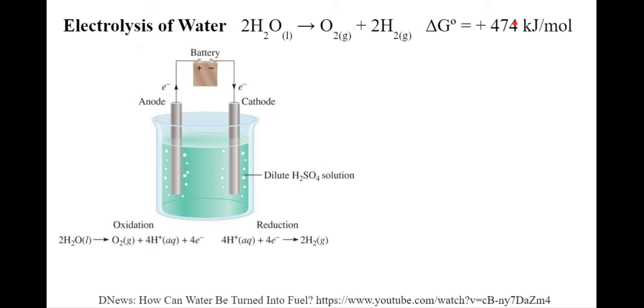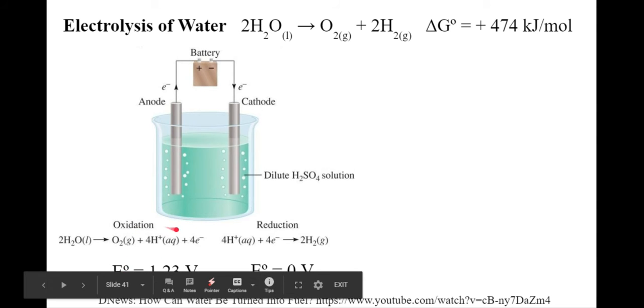Now, in terms of electrochemical, if you look up the value for water's standard reduction potential, it's 1.23. And it's actually for the reverse of what's shown here. This is because it's going this direction. This would actually, I guess, be negative 1.23.